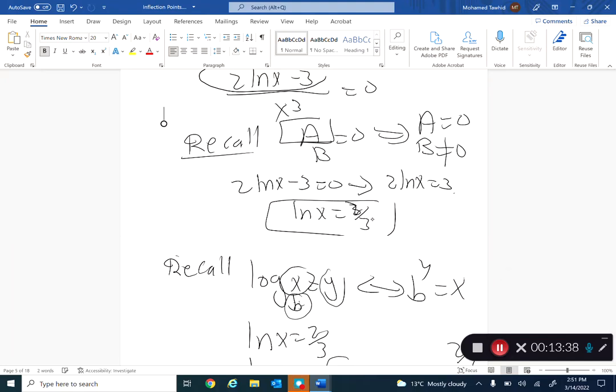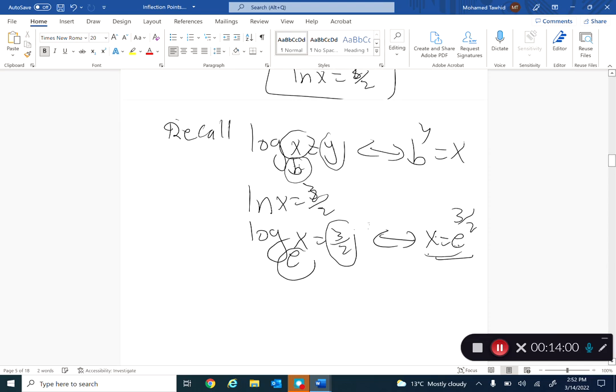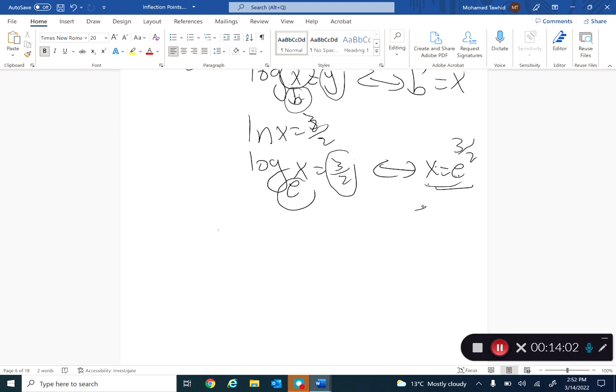So I took 3 to the other side, then you have 3/2. Sorry for this. If I use technology for this, you get almost 4.5. So 4.5, that is a positive number.